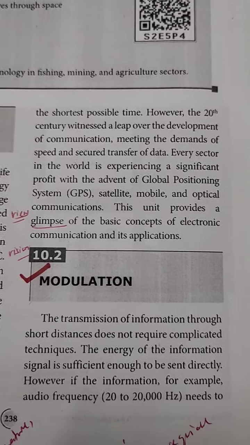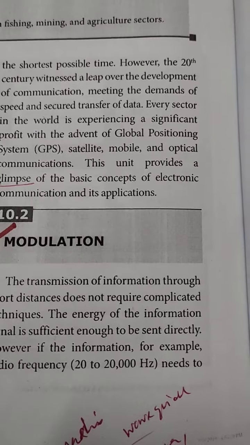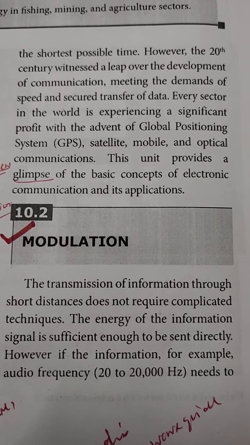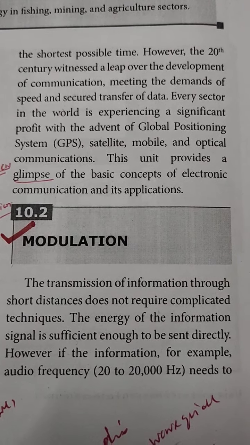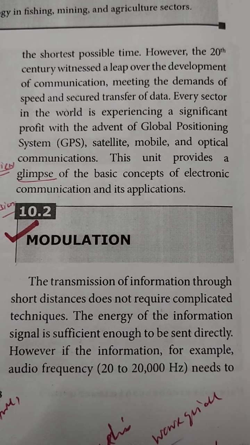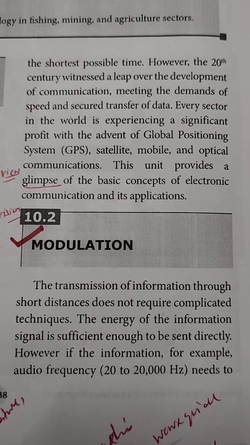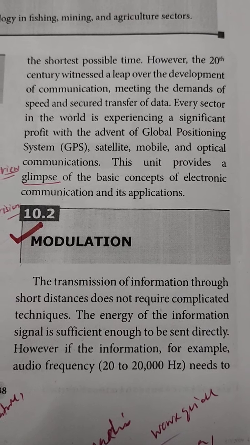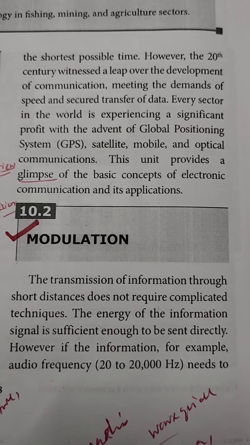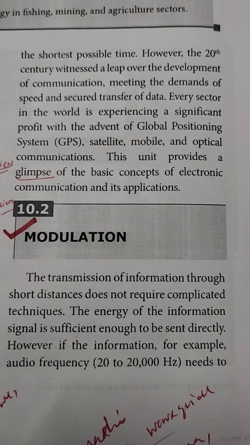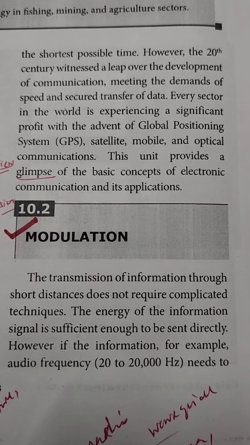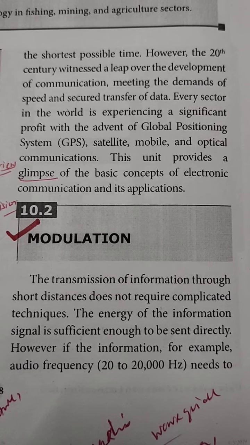First of all, we are going to see modulation. In this topic, the transmission of information through a short distance does not require complicated techniques. We know that the energy of the information signal is sufficient enough for it to be sent directly.